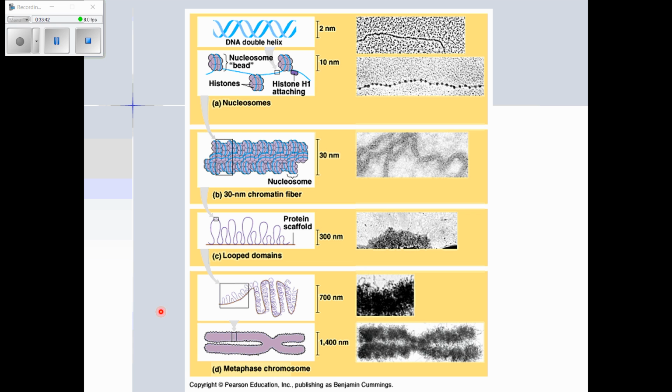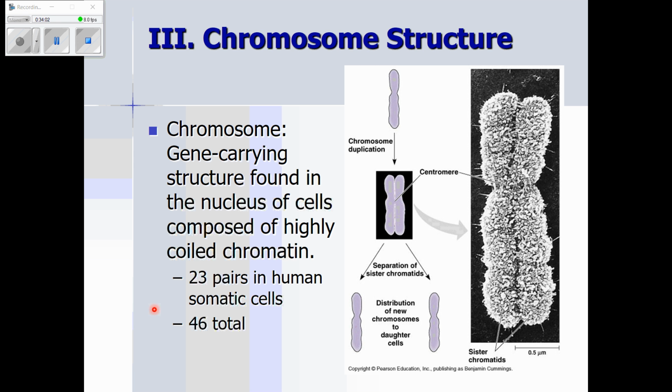And I know that's confusing, but technically, the DNA only takes on the chromosome configuration during mitosis, when the cell is actively in the process of dividing. But we'll spend more time talking about that later.